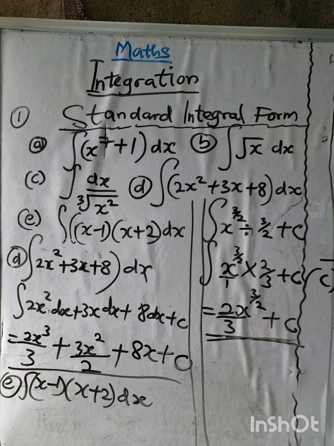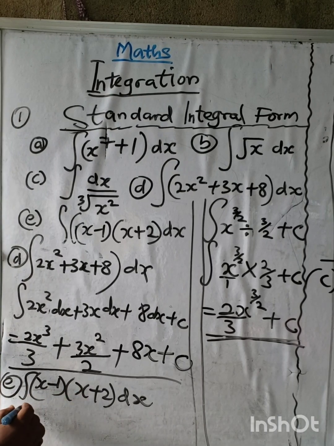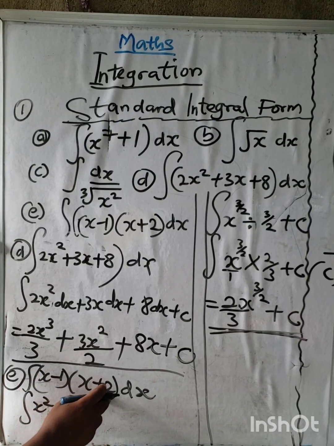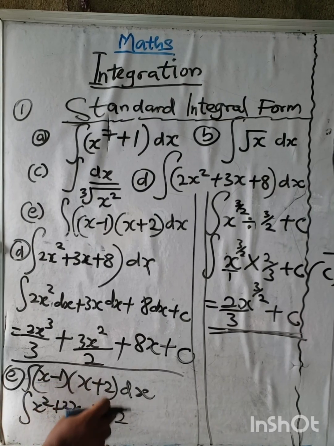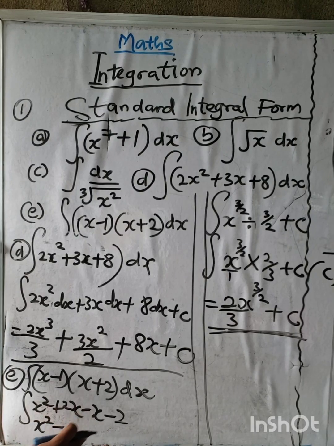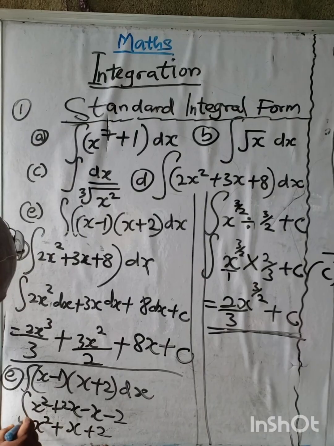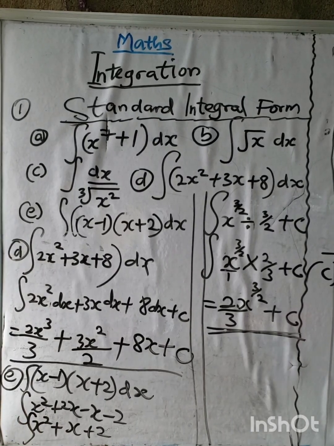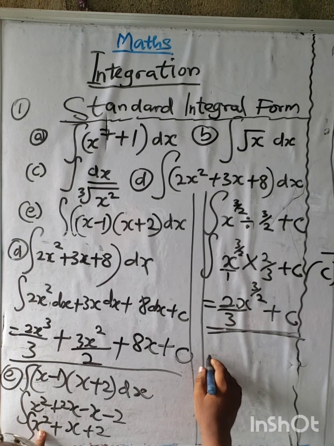And for the E, we are going to open the bracket for each. That is s square plus 2s minus s minus 2. 1 times 2, 2. Therefore, we are having s square plus 2s minus s, that is s, plus 2. For this reason, we are going to integrate this.